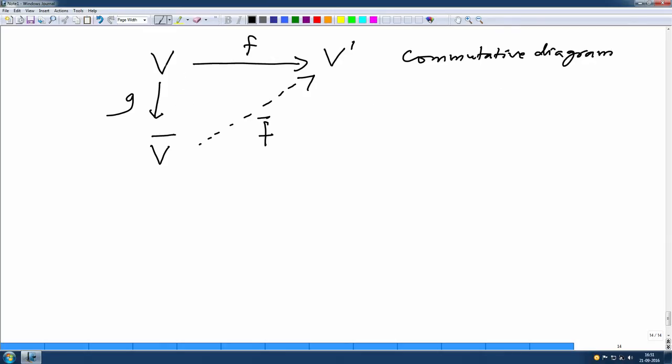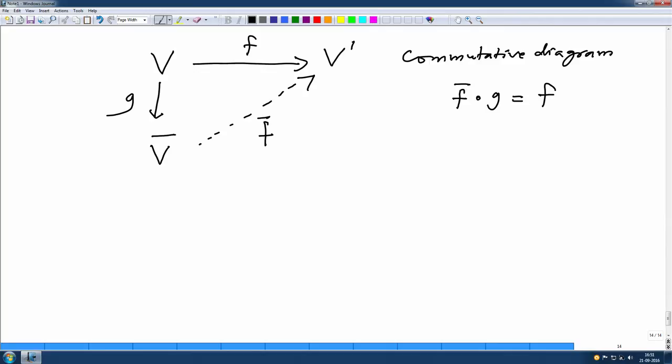That means from here to here there is only one possibility, namely F. From here to here there is another possibility, so this is G compose F bar, and it can only happen here. You see, there are 3 points here, but there are only two ways. Here there is no possibility, here also no possibility. So, we want to check this, so the existence of F bar we have to write.